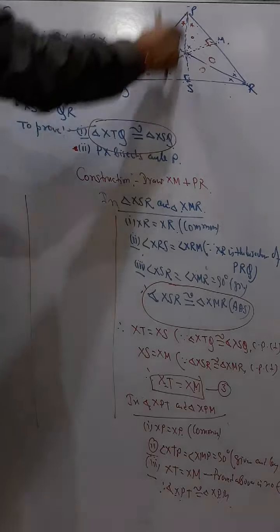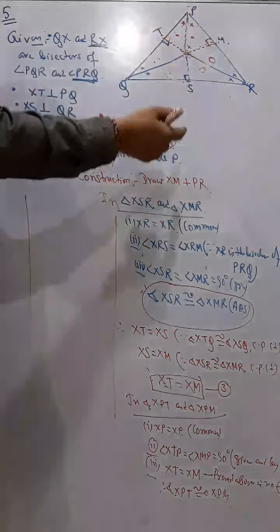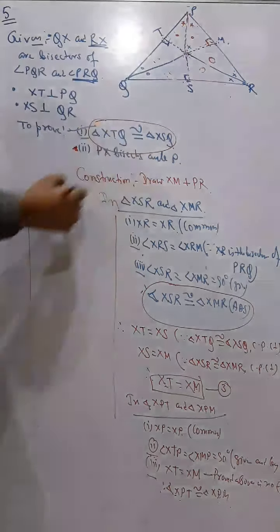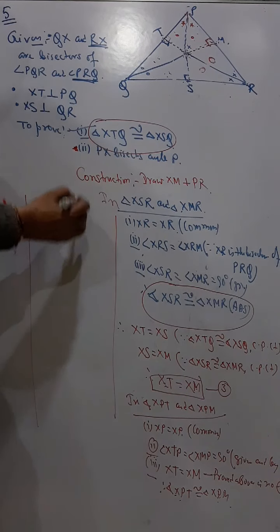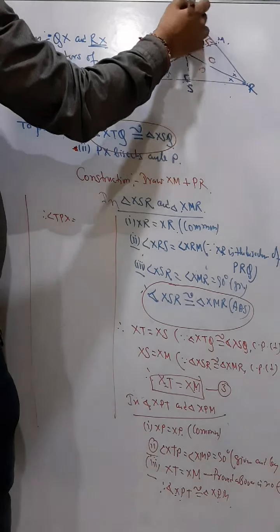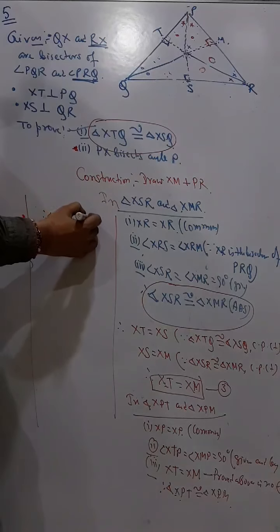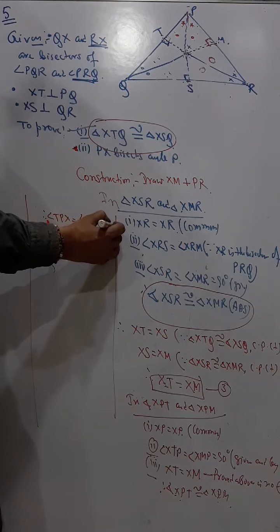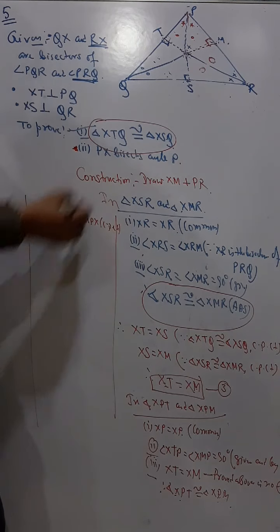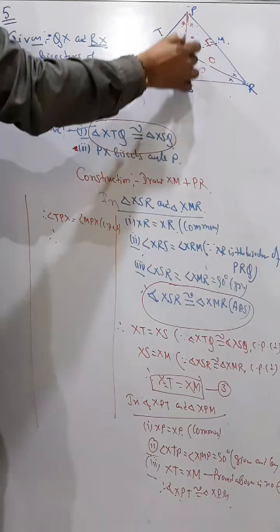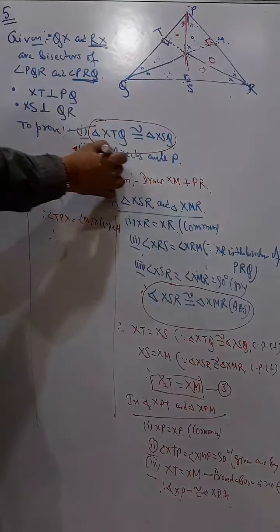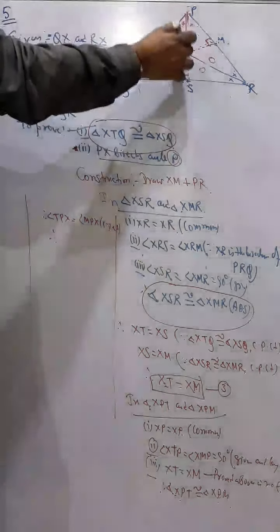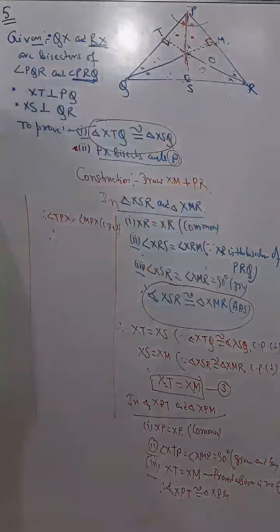PX bisects angle P. Now I can say therefore angle TPX is equal to angle MPX, that is CPCT, and therefore finally we can say this angle equals this angle, which means XP is the bisector of angle QPR, so angle P. So XP is the bisector of angle P. Understand? Okay, that's all.